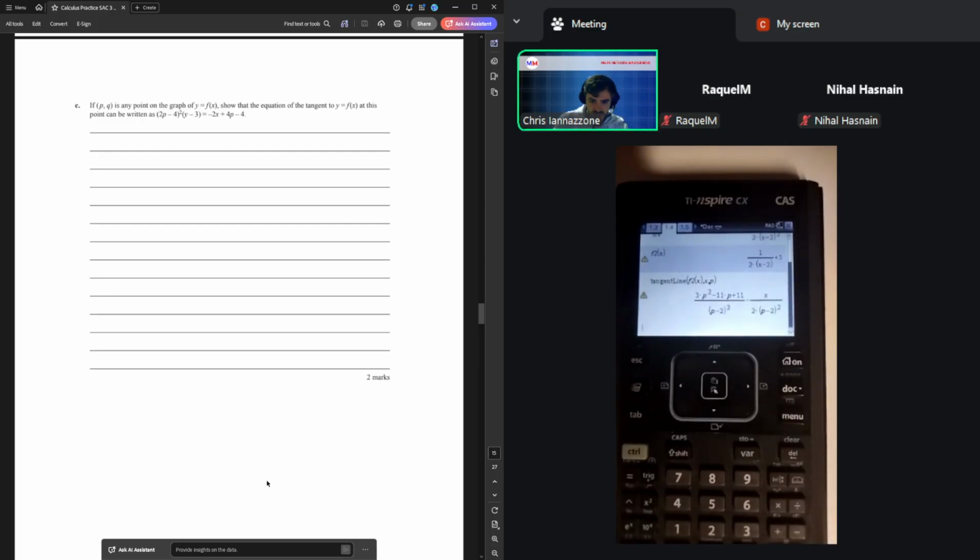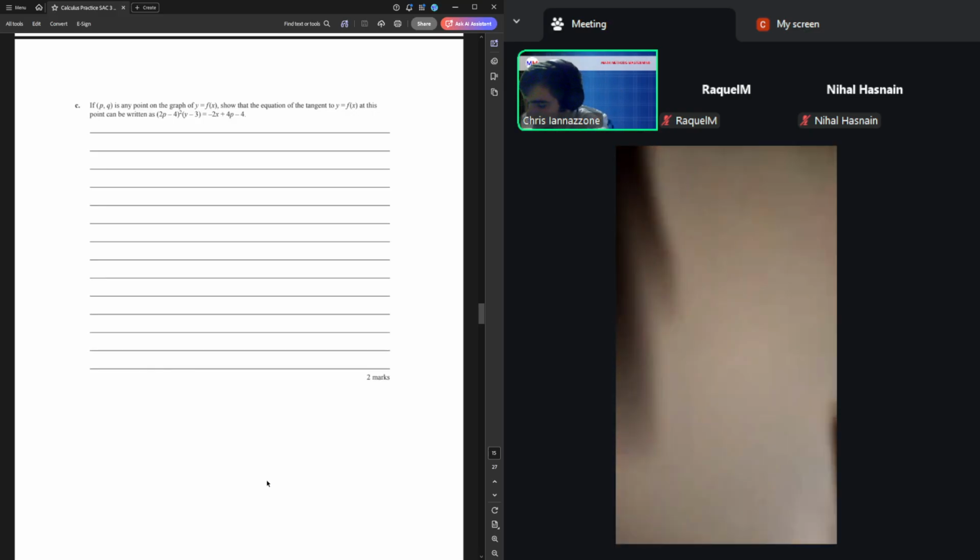So let's say we're starting at this spot here. All we're going to do is try and figure out how we're going to get the y's and x's in the right spot, as well as the p's in the spots that they need to be. So let me have a go at copying this down.